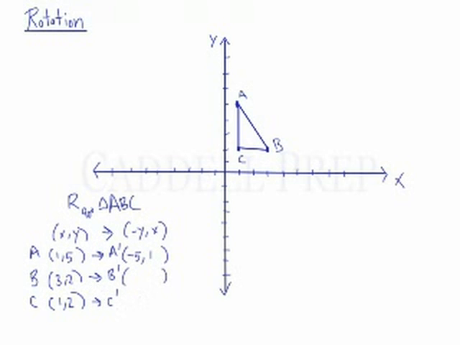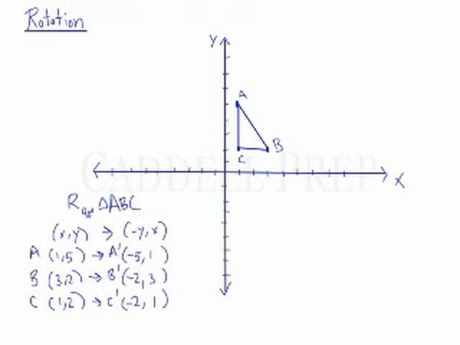For B, again negative y, then x, so negative 2, 3. And then C would be negative 2, 1. So what happened is the y coordinate became the x coordinate after we negated it.